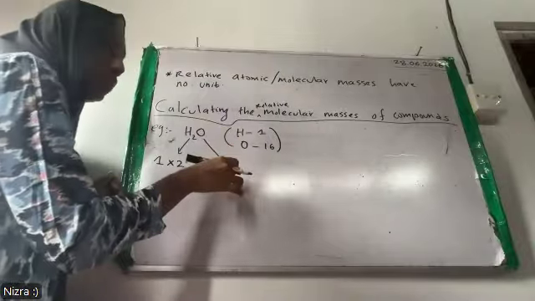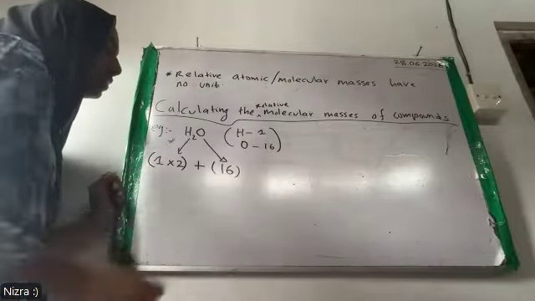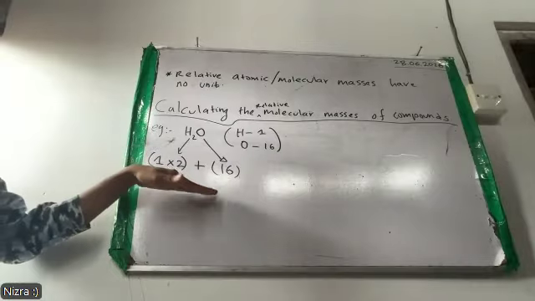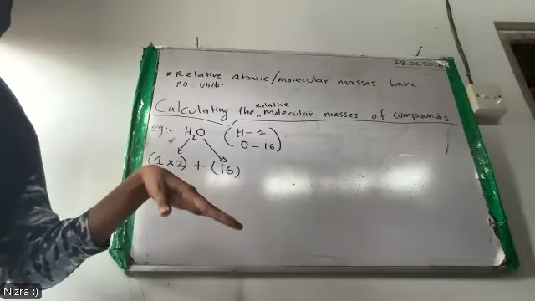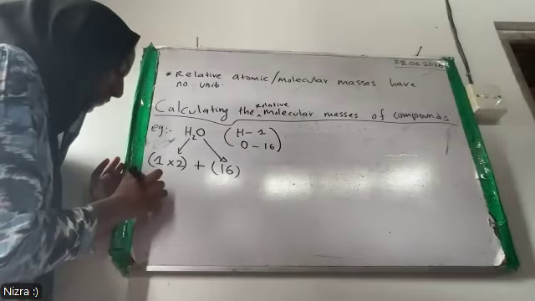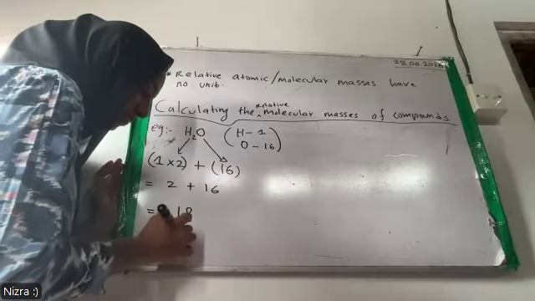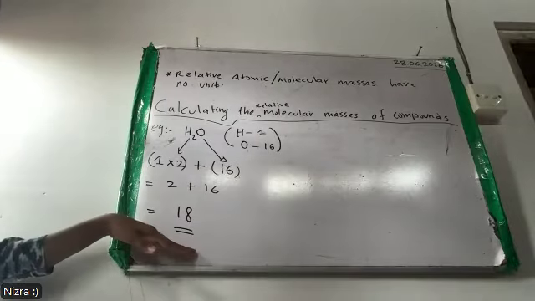Here you have only one oxygen, so just 16. So what you do is you take the sum of relative atomic masses of each element in the molecule. So you add up. 2 plus 16 is 18. Therefore the relative molecular mass of water is how much?